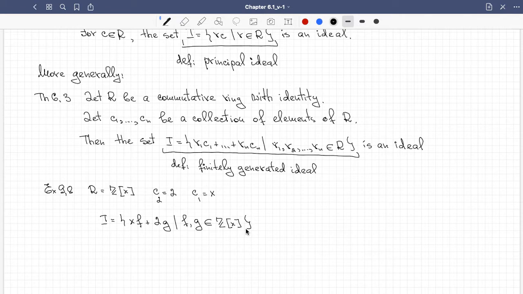It is easy to see. This is exercise 15 in the book.